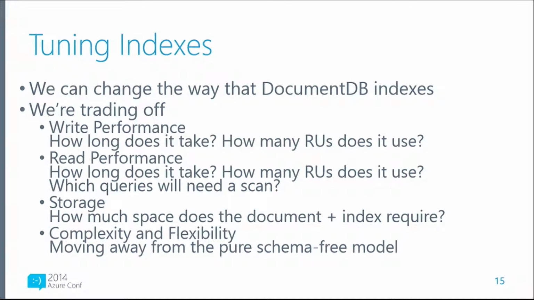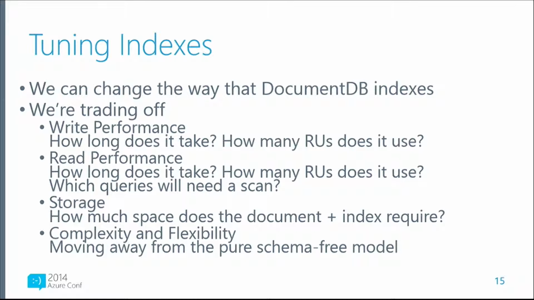And if you've got any sort of background in databases, it's the same sort of trade-offs we've been making for a long time. So what are we trading off? We're trading off things like write performance. How long does it take to write? Right? The more indexes we have, the more properties we're indexing, for the most part, the longer and more RUs it uses to write. How long does it take to read? Again, as a rule, the more properties that are indexed, the more flexible our queries can be and still run at high performance, the lower the number of resource units required.